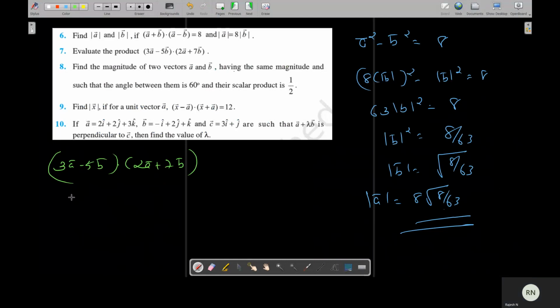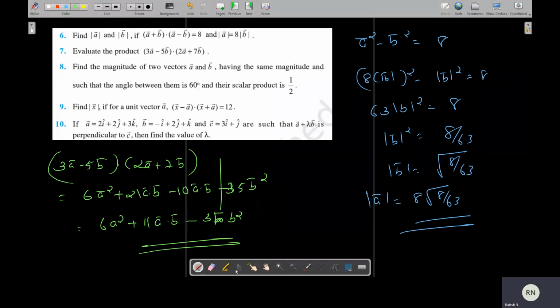So you can write it as 3 into 2, 6 a bar squared plus 21 a bar dot b bar, minus 10 a bar dot b bar, since b bar dot a bar is a bar dot b bar, minus 35 b bar squared. So this is actually 6 a squared plus 11 a bar dot b bar minus 35 b squared.